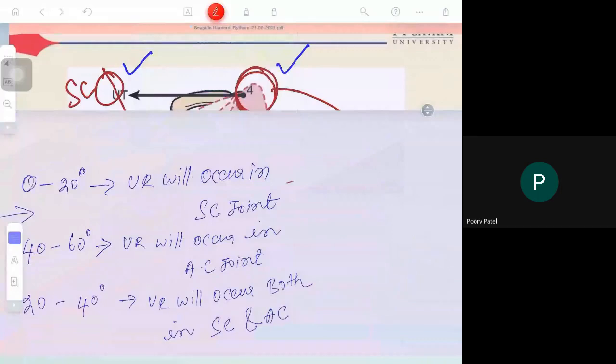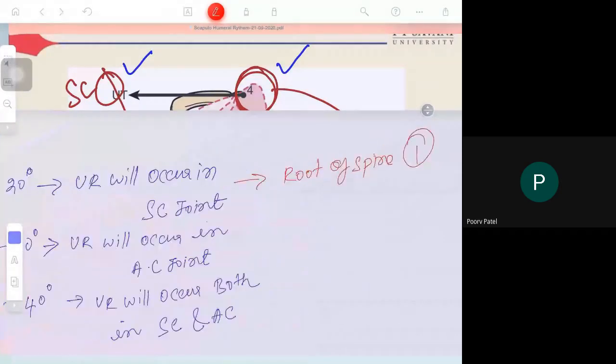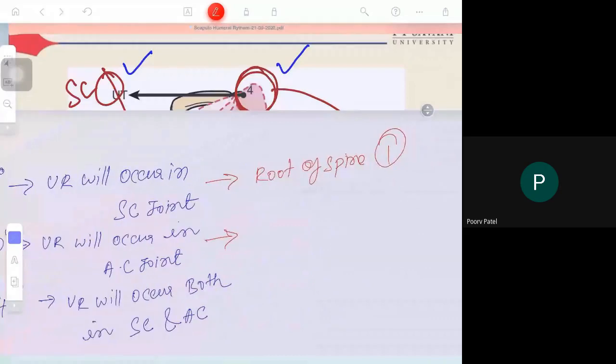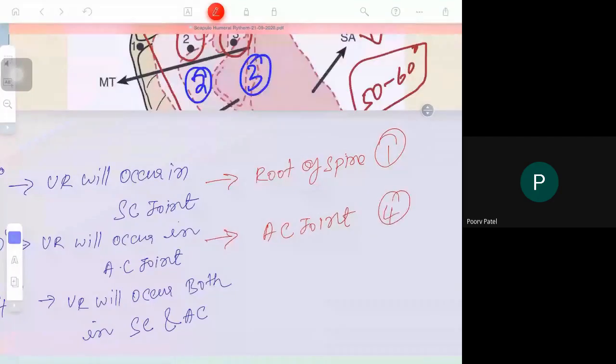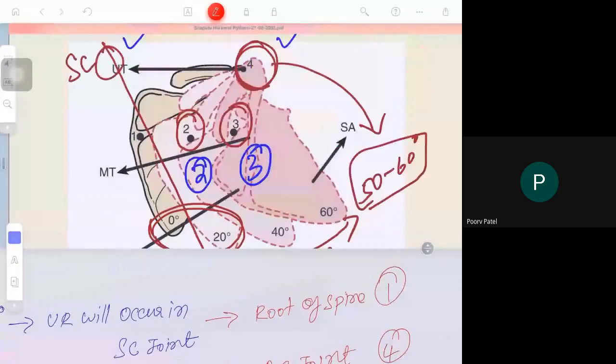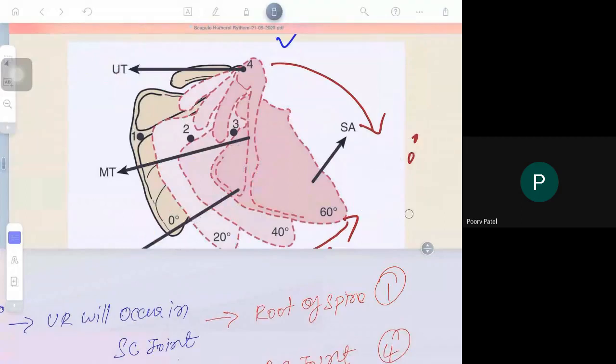Here the axis will be at the root of the spine. That is position number 1. And here the axis will pass through the acromioclavicular joint. That is position number 4. I am talking about this diagram. Positions 1, 2, 3, I am talking about this diagram. Clear?